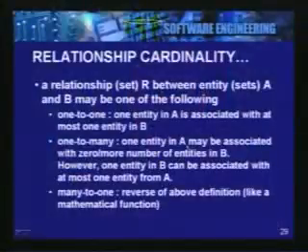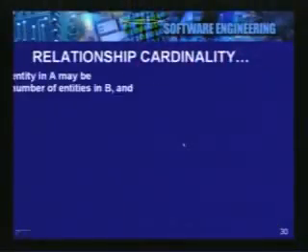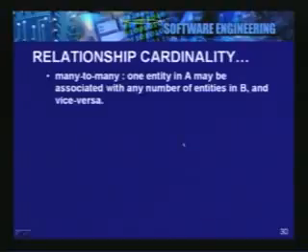Obviously, in a given relationship like this, if you now go from B to A, then from one entity in B, you would reach at most one entity in A. So one to many and many to one are really the inverse of each other. Then finally, you have the many to many relationship.